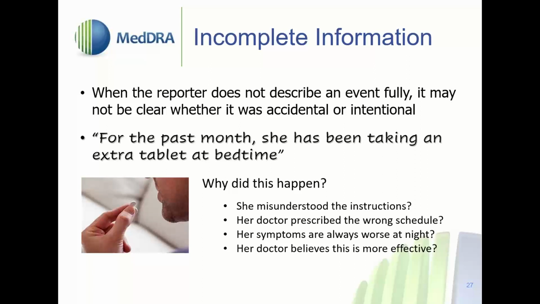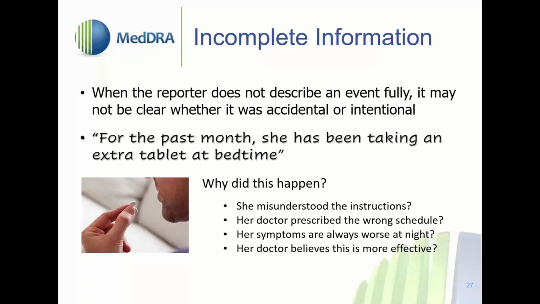So you may now argue that in many cases, it is not clear whether such a deviation was intended or unintended. So here you could see an example for such a scenario. It's reported that the patient took an extra tablet before going to bed. If no further information is available, we do not know what the background was, right? Did the patient misunderstand the doctor's instructions or the package leaflet? This would then represent a medication error.